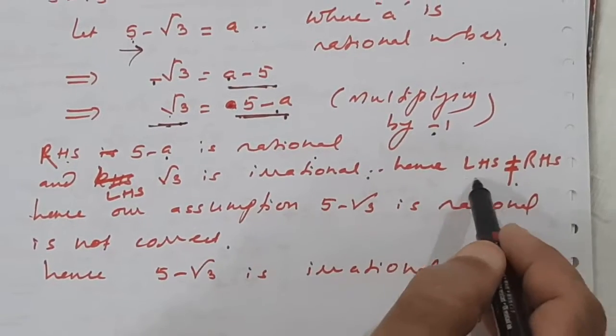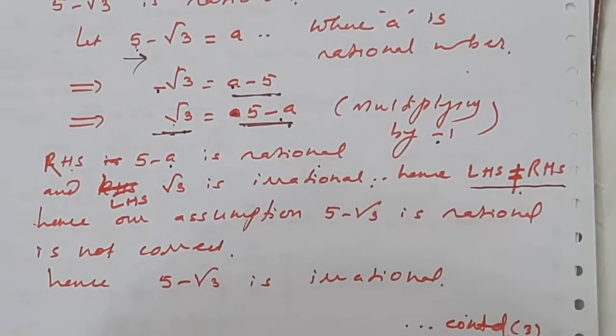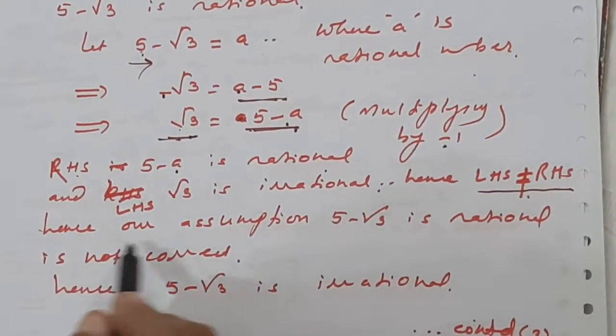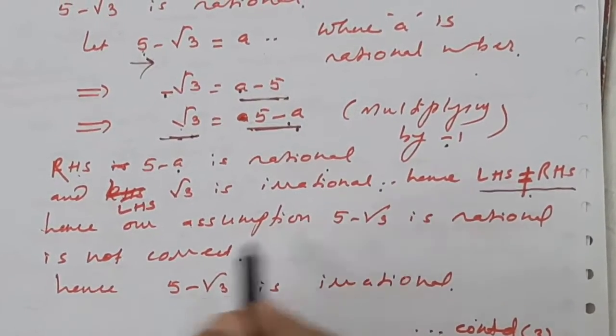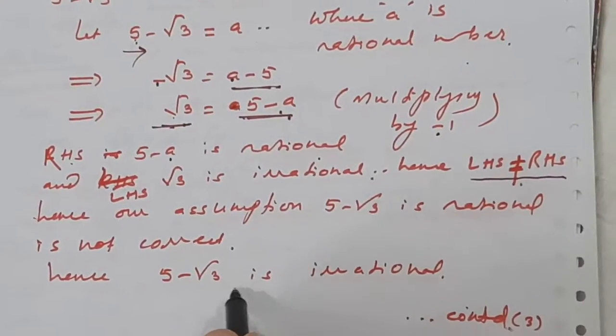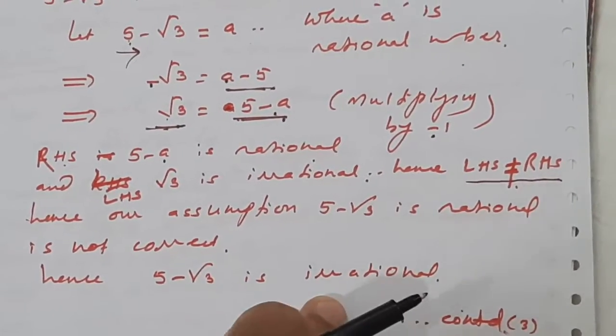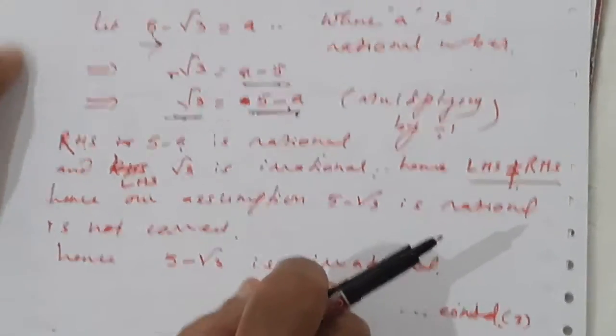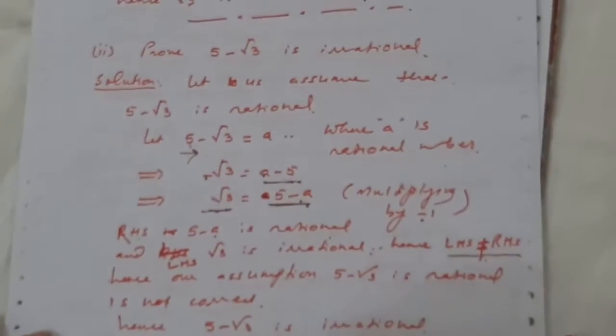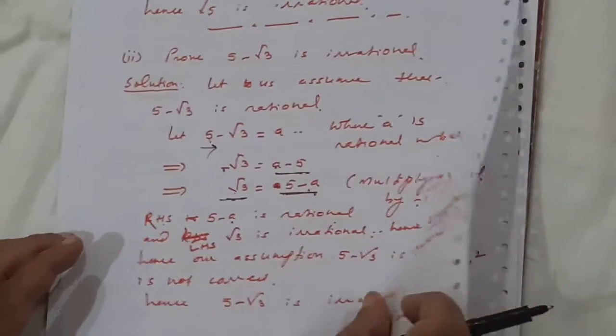This shows that left hand side is not equal to right hand side. Means what? Our assumption 5 minus root 3 is rational is not correct. Hence 5 minus root 3 is irrational. This should be your line of thinking or method for solving such type of questions. Rest of the examples are based on this only.